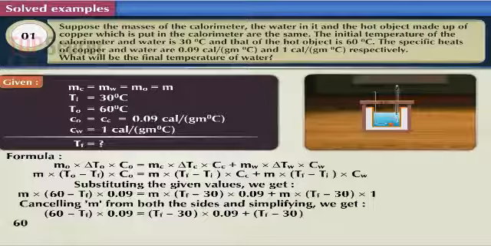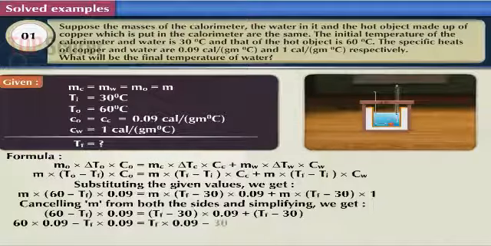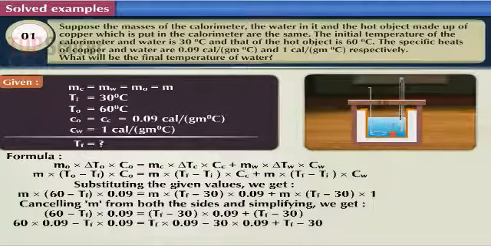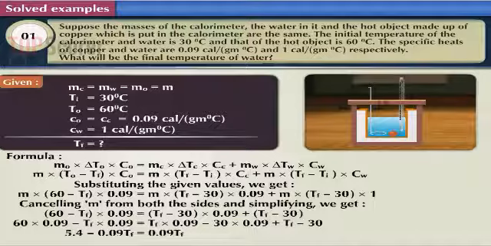Thus, 60 into 0.09 minus Tf into 0.09 is equal to Tf into 0.09 minus 30 into 0.09 plus Tf minus 30. Therefore, 5.4 minus 0.09 Tf is equal to 0.09 Tf minus 2.7 plus Tf minus 30.